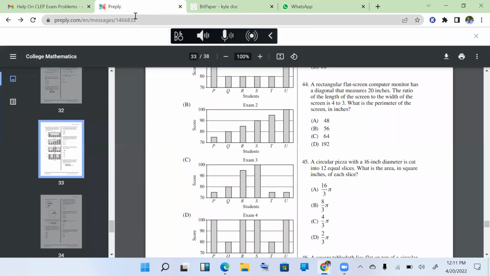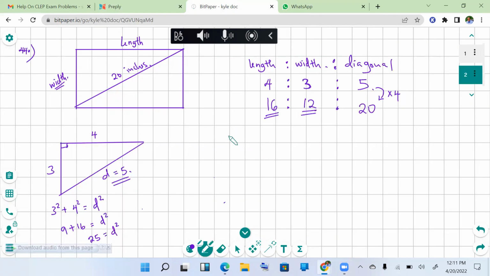Now, if the length is 16 and the width is 12, then the perimeter would have to be 16 plus 12 multiplied by 2. This would be your perimeter, because we usually say that the perimeter of a rectangle is given by length plus width multiplied by 2.